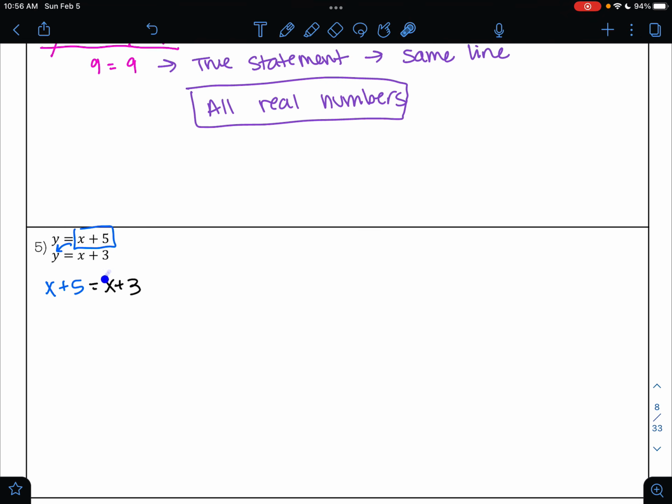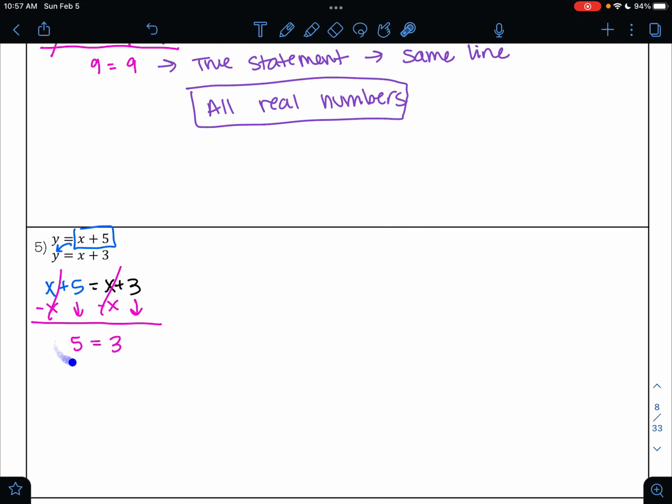From here, I notice that I have x's on both sides of my equation, and so I want to get them on the same side. So I'm going to subtract x on both sides. x minus x is 0. I'm going to bring down that 5 and the equal sign. x minus x is 0. I'm going to bring down the 3.